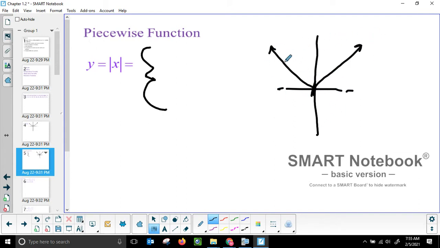Of course, they're both lines, so we're going to be writing them in y equals mx plus b. So of course we need the slope and we need the y-intercept.